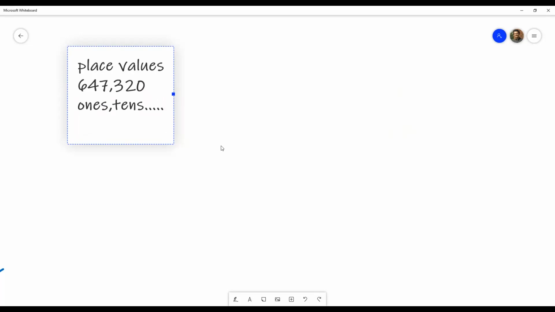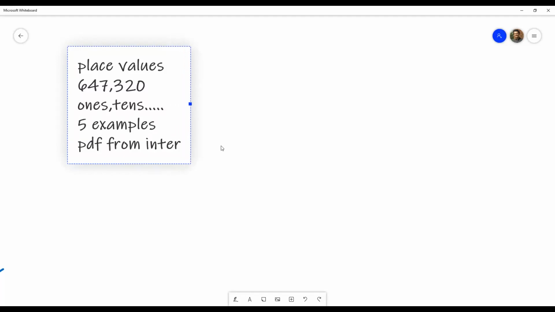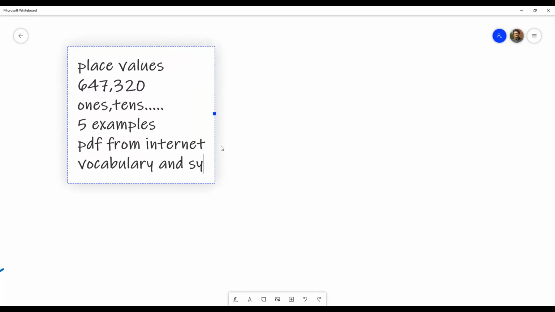Ones, tens, and then we got to know about 5 examples, and you did great. Then, if I remember, a PDF from the internet with some vocabulary and symbols.